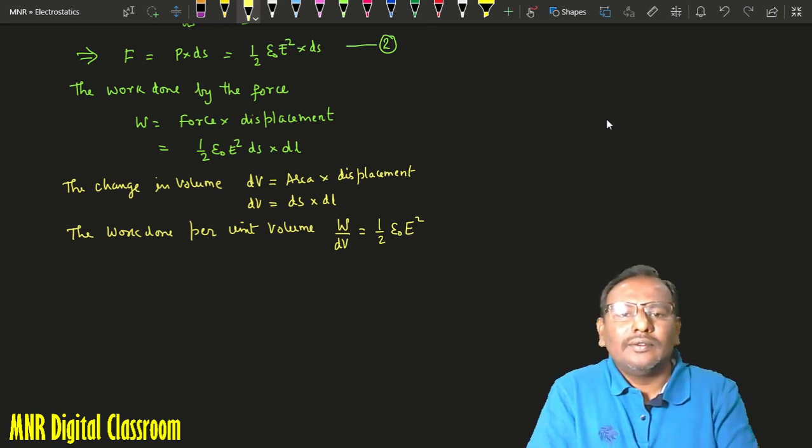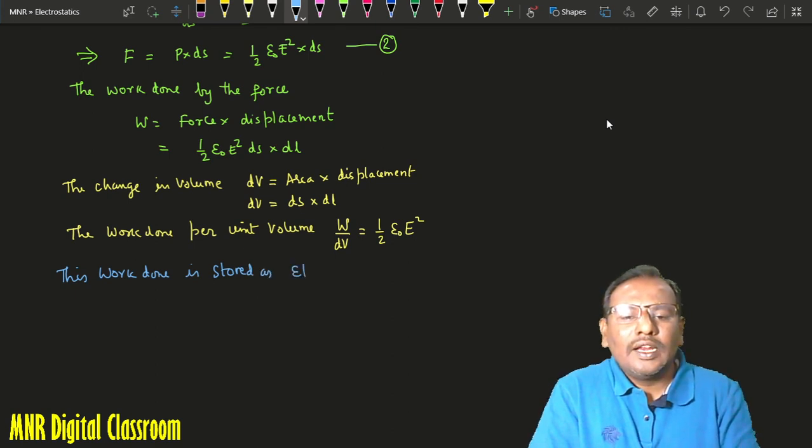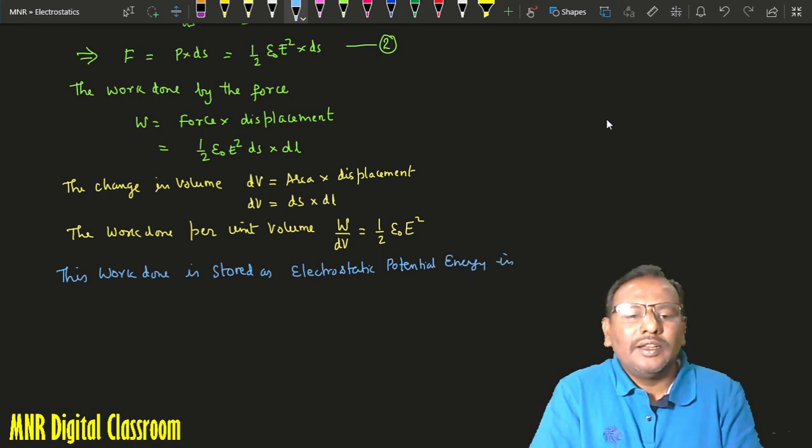This work done is stored as electrostatic potential energy in the medium.